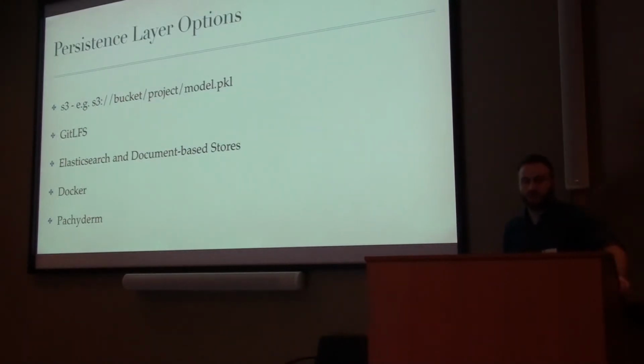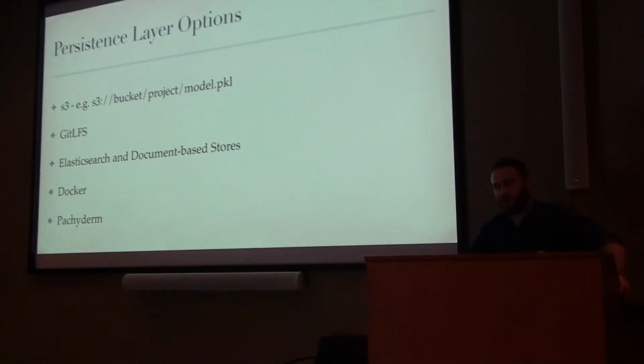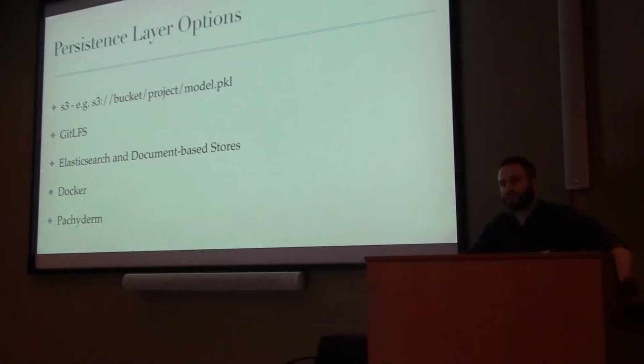That's also sometimes used for large data sets and for models, where you can actually use the Git terminology in order to push and pull different data. Sometimes people use Elasticsearch or other document-based stores. In particular, that allows you to index and search through a lot of different models, almost from a raw standpoint, although there is a size limit.